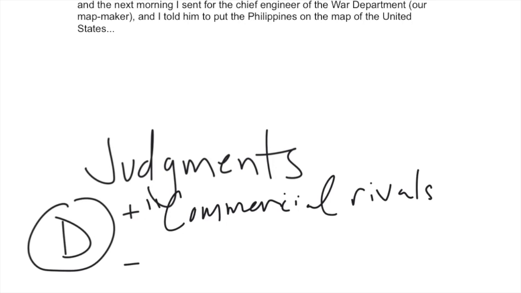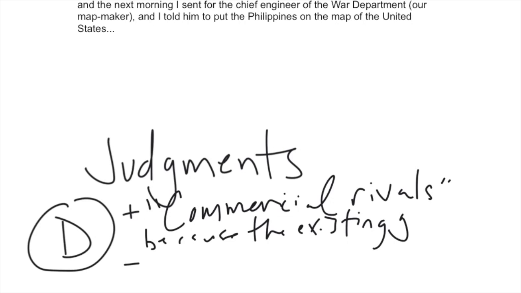So the commercial rivals claim, and I'll just say because of the existing global competition. Again, I'm going to have to abbreviate because I'm using a stylus. So I'll just leave it like that.